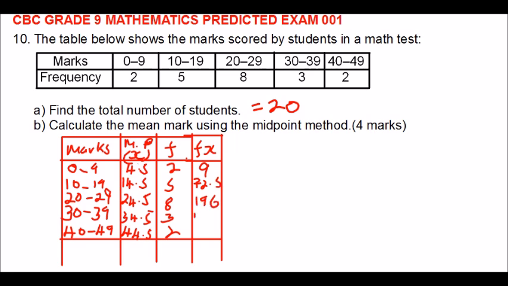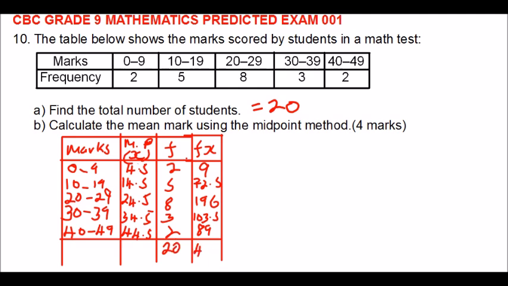Then we got 103.5. And here we got 89. So when you add up the frequency, you get 20. When you add up this, you get 470.